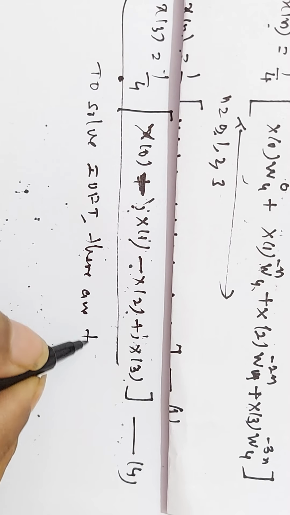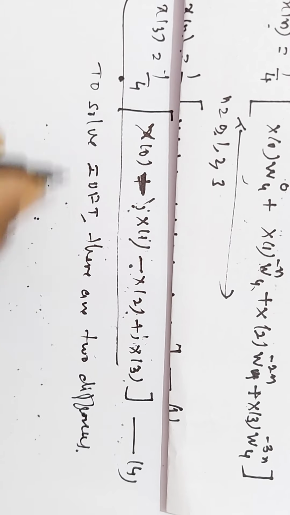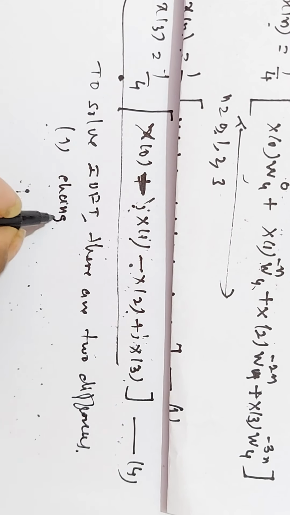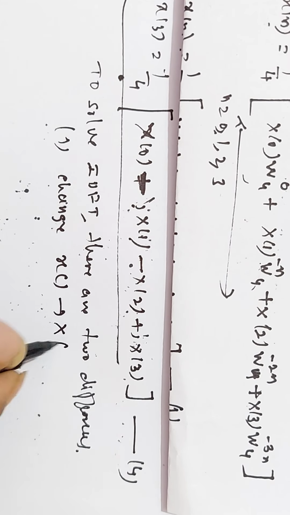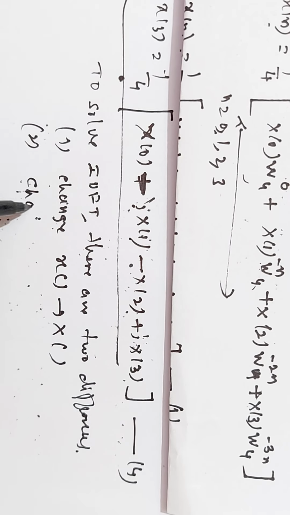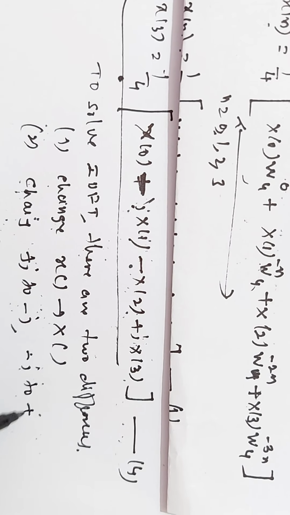First, change small x to capital X. Second, change plus j to minus j and minus j to plus j.